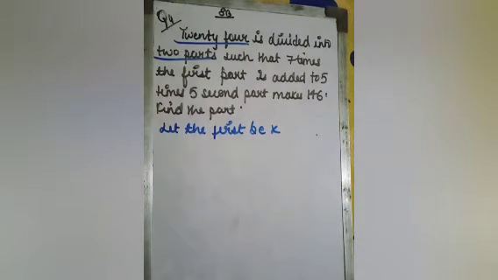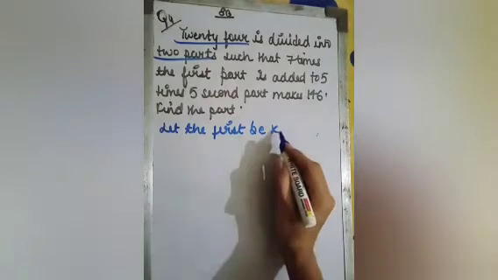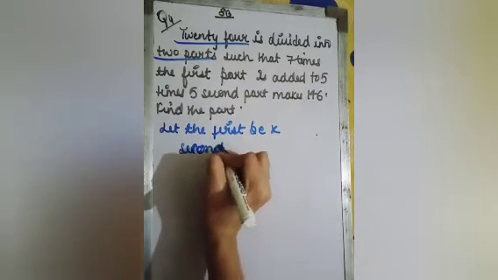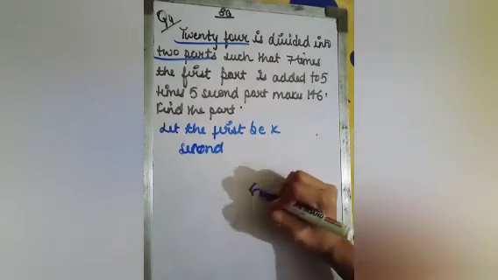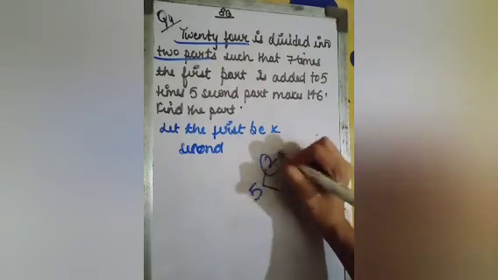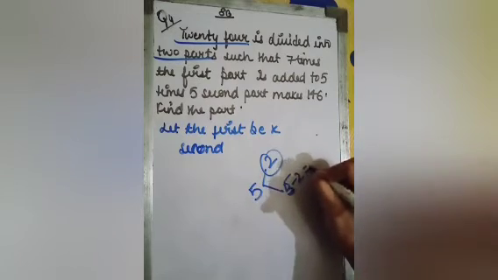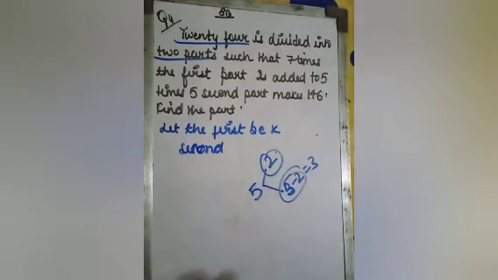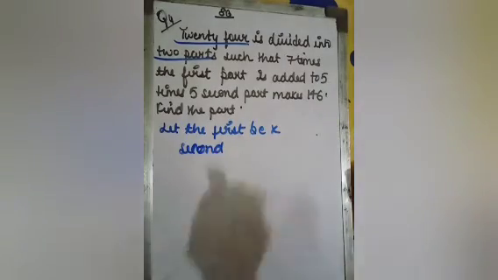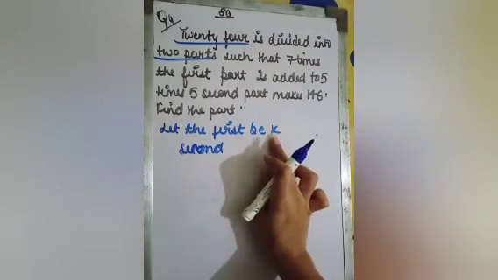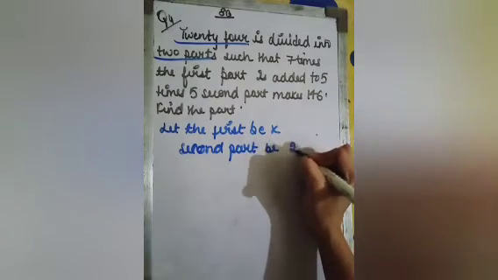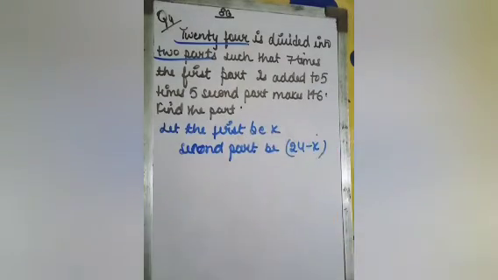Okay, when you divided 24 into 2 parts, the first part is x and the second part will be, see, if anybody says divide 5 into 2 parts, first part is 2 and second part will be 5 minus 2, that is 3. Similarly, if here the first part is x, then the second part will be 24 minus x. It is understood?